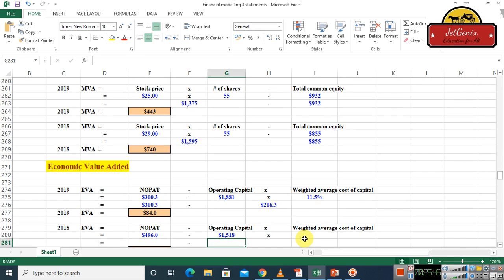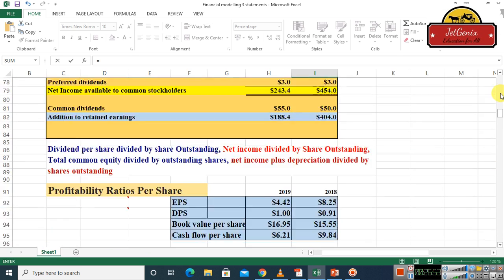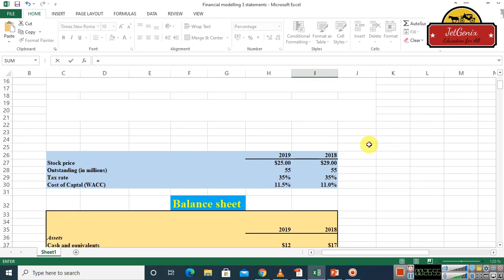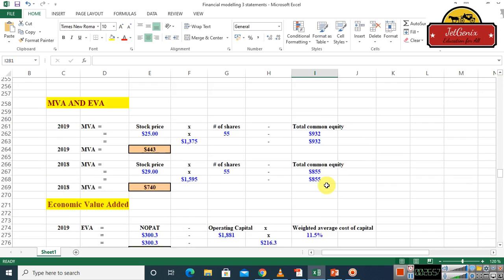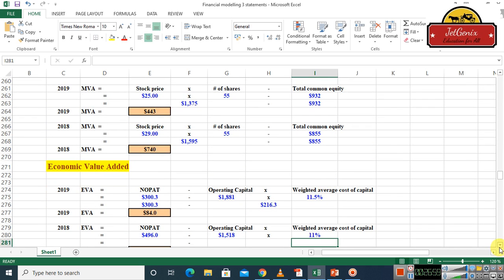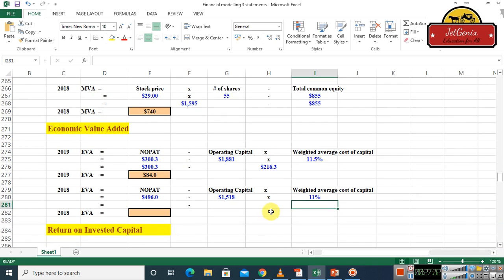And here again I am going to select the weighted average cost of capital for 2018, which we can find at the top. Yes, it's here. Press enter. Now again the same way I am going to multiply.